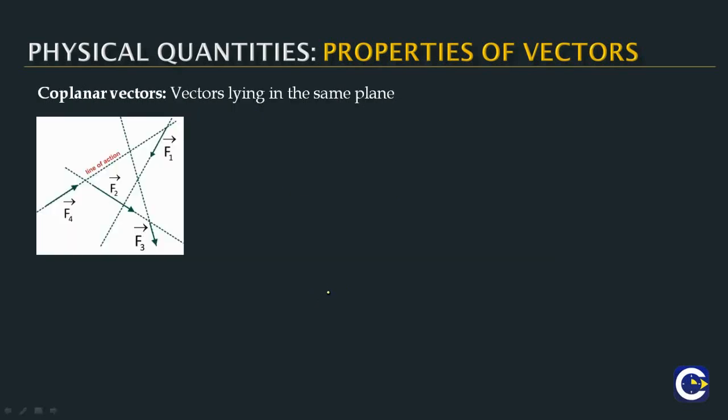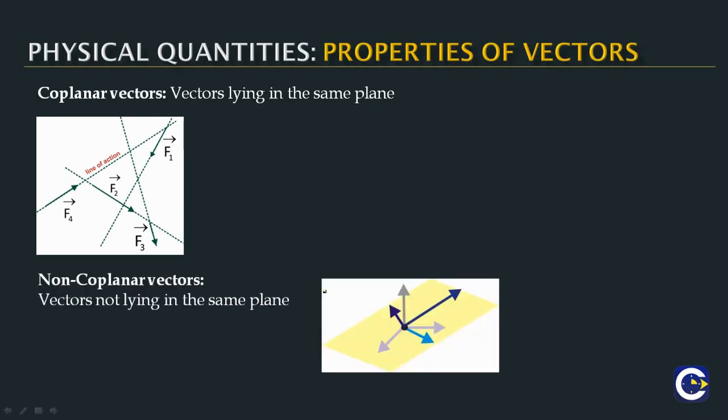Coplanar vectors: vectors can be in a plane, or they can be in space. If a given number of vectors are lying in the same plane, like in this case, you can see clearly that f1 bar, f2 bar, f3 bar and f4 bar, all the forces, are lying in the same plane. We call them coplanar vectors.